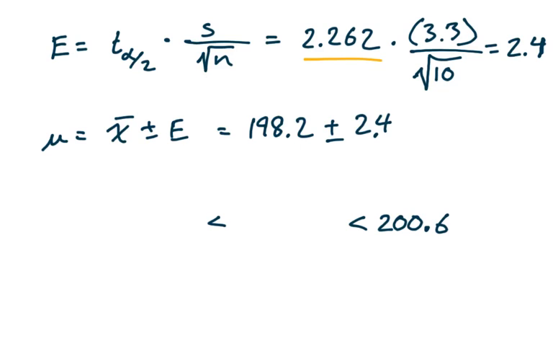So 198.2 minus 2.4 becomes 195.8. Here we're saying mu, the population mean, could be anywhere between 195.8 and 200.6.